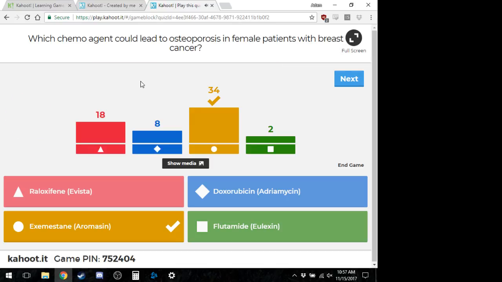All right. So why is it not raloxifene? What type of drug is that? It's a SERM. It's a selective estrogen receptor modulator.